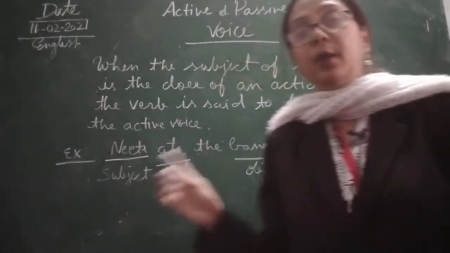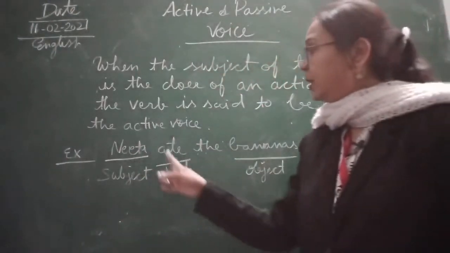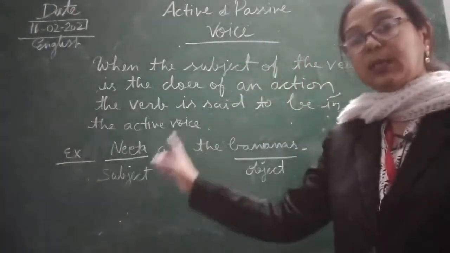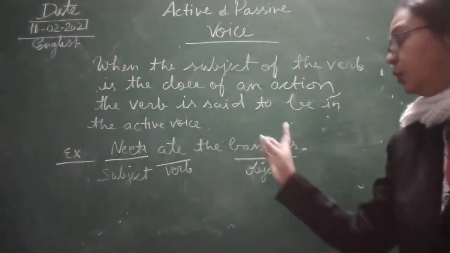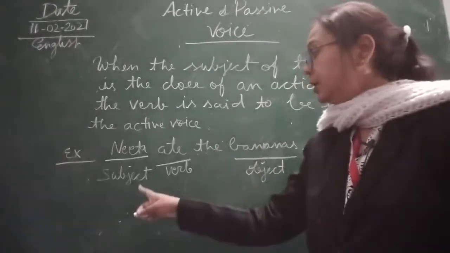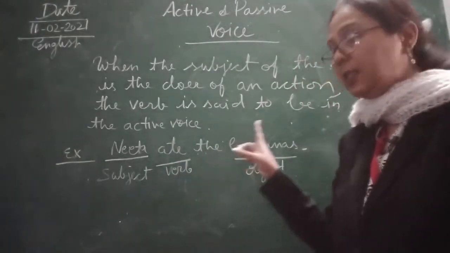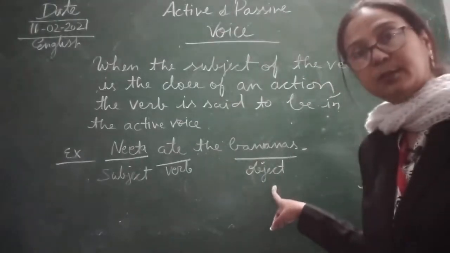Okay. Now children, first you should understand what is subject, what is object and what is verb. Subject is there, then verb, and then you can see the object.